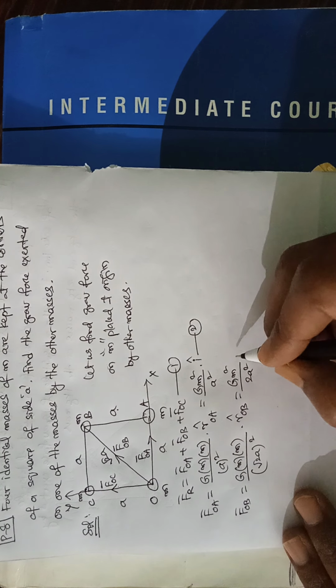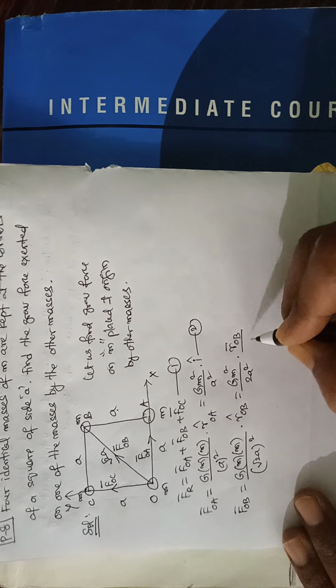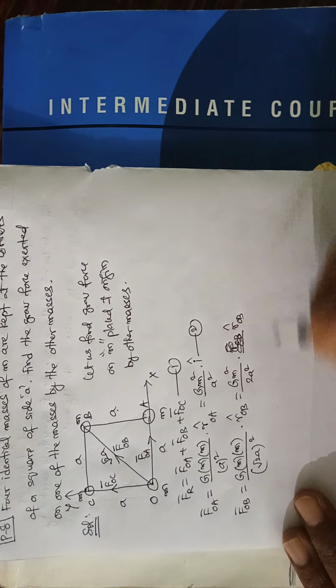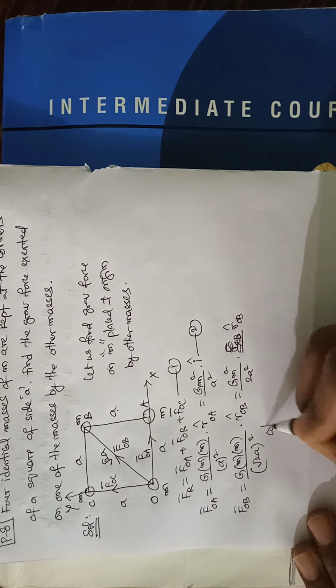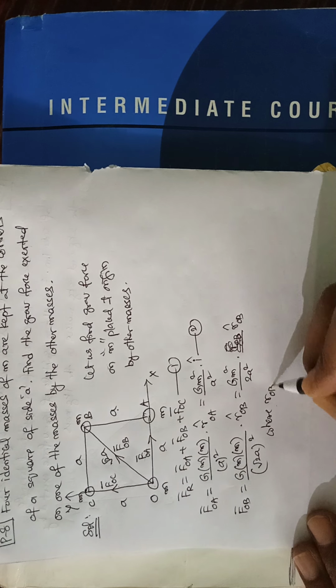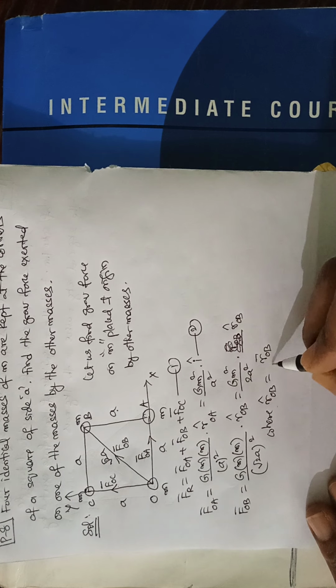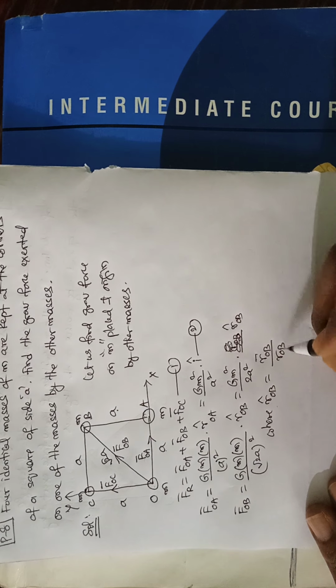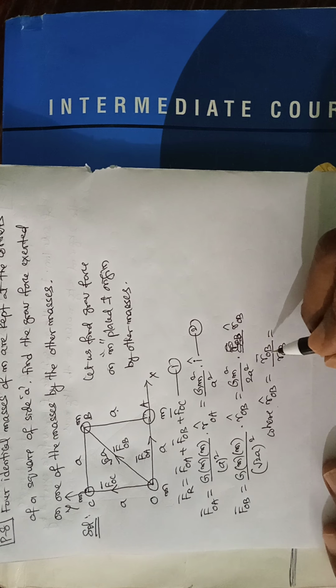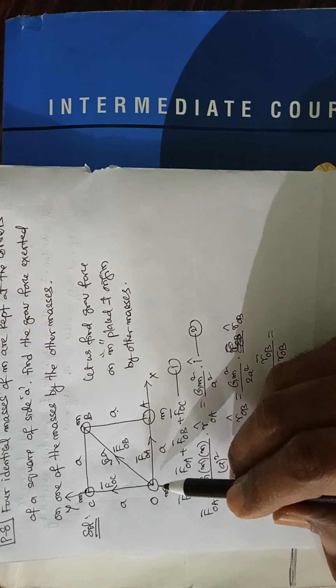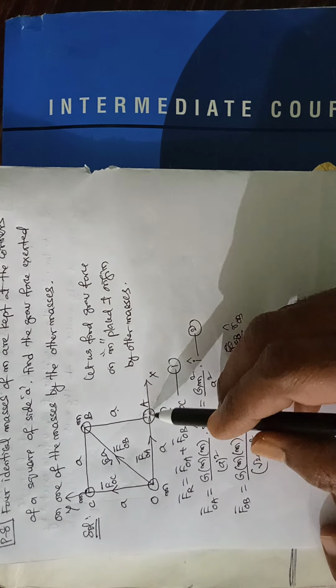So this ROB means ROB vector divided by its magnitude. Let us find this separately. ROB vector is the vector sum of ROA plus RAB.